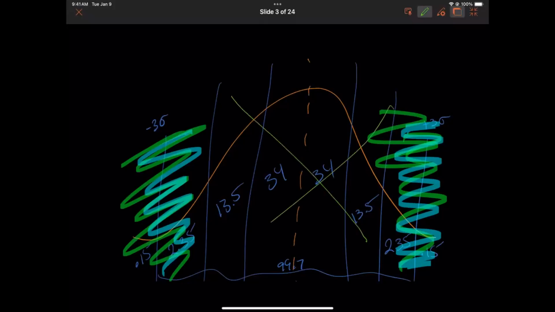Basically anything with less than 5% chance of happening is an outlier, so anything outside of the 95%. If I have a Z-score of 2, that's not an outlier, but if I have a Z-score of 2.01, that is an outlier. It has to be more than 2 standard deviations from the mean.